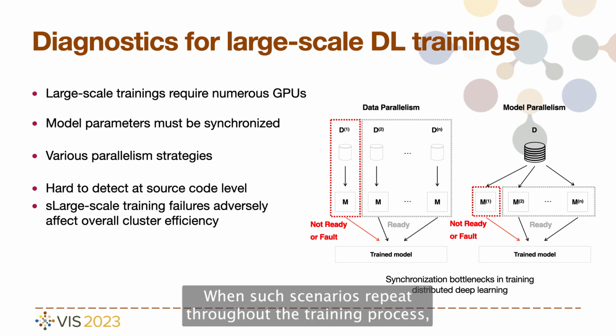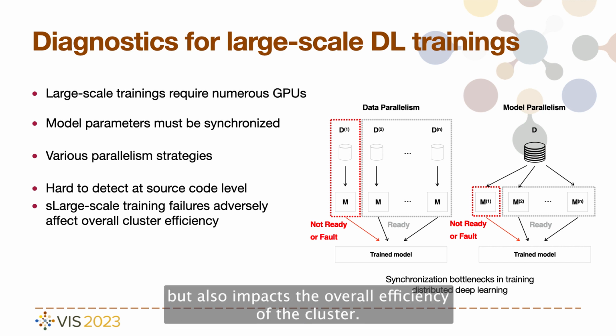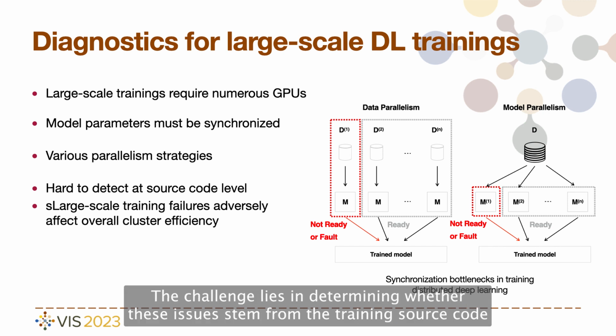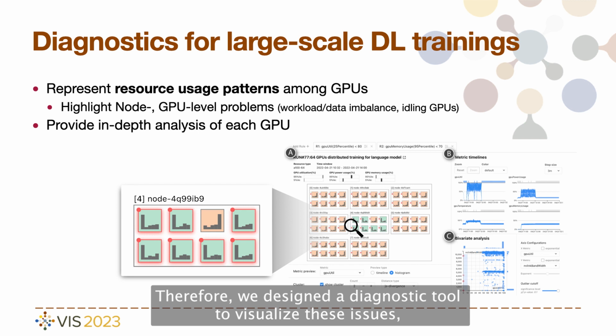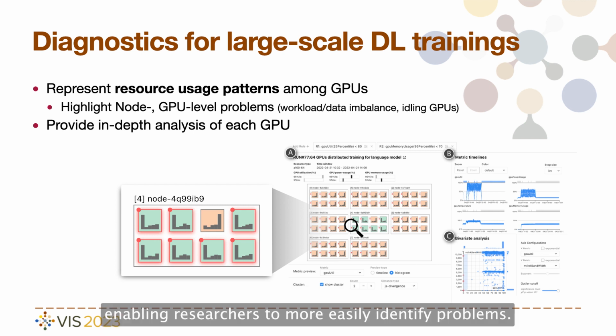When such scenarios repeat throughout the training process, it not only severely slows down the training speed, but also impacts the overall efficiency of the cluster. The challenge lies in determining whether these issues stem from the training source code or are due to GPU hardware problems. Therefore, we designed a diagnostic tool to visualize these issues, enabling researchers to more easily identify problems.